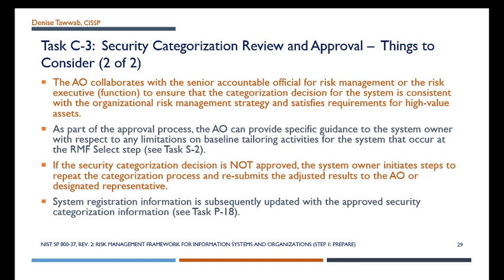Your authorizing official is going to collaborate with the chief official for risk management or the risk executive function to make sure that the decision for the system is consistent with the risk management strategy for the organization and that the decision satisfies requirements for high value assets. Keep in mind that the risk management framework is about making sure that you secure your high value assets.